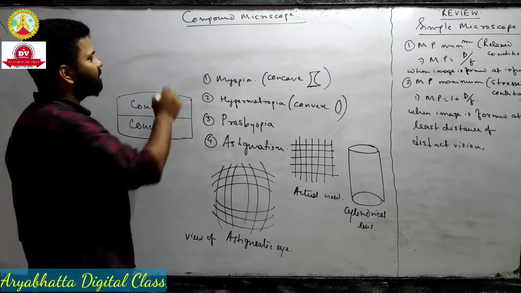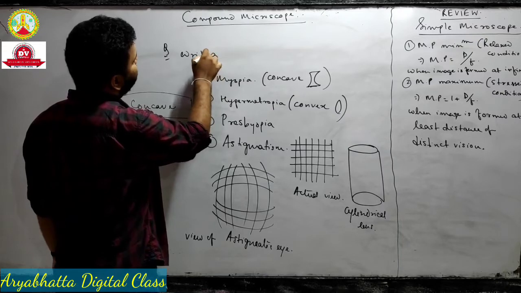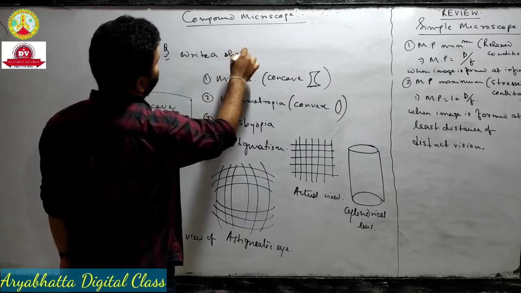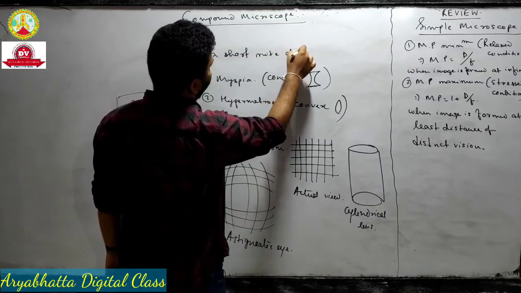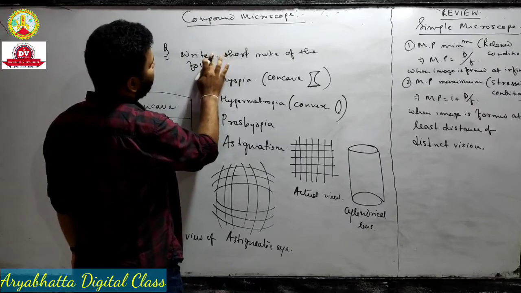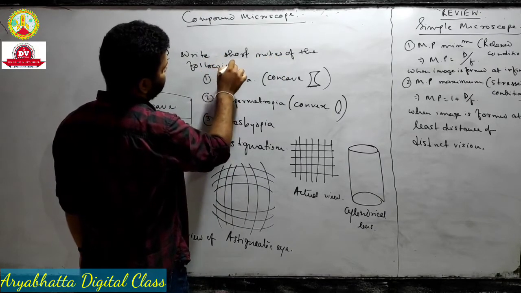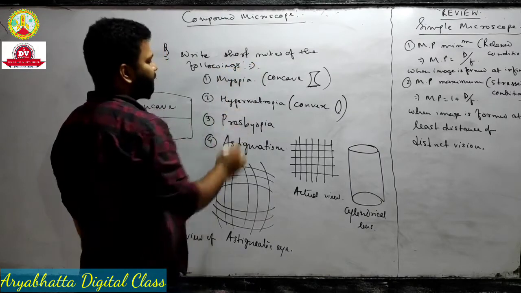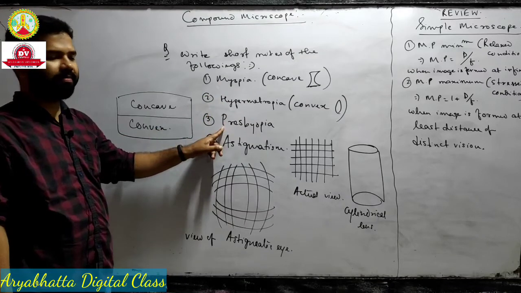So your question is: write short notes on the following. Number 1, myopia. Number 2, hypermetropia. Number 3, presbyopia.